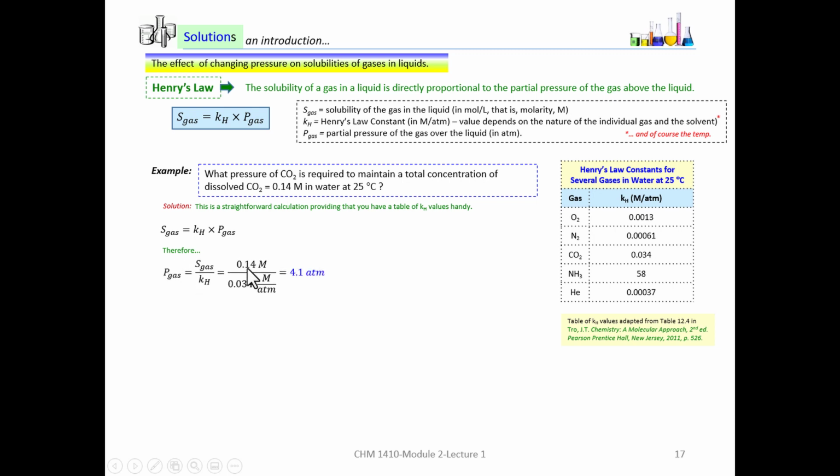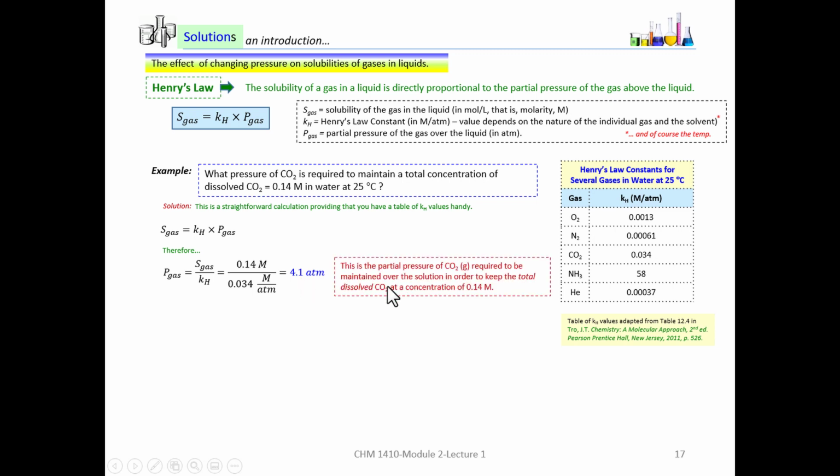We put in the solubility of the gas that we're shooting for, 0.14 molar, and we divide by Henry's law constant for CO2, 0.034 molar per atmosphere, and we get 4.1 atmospheres.